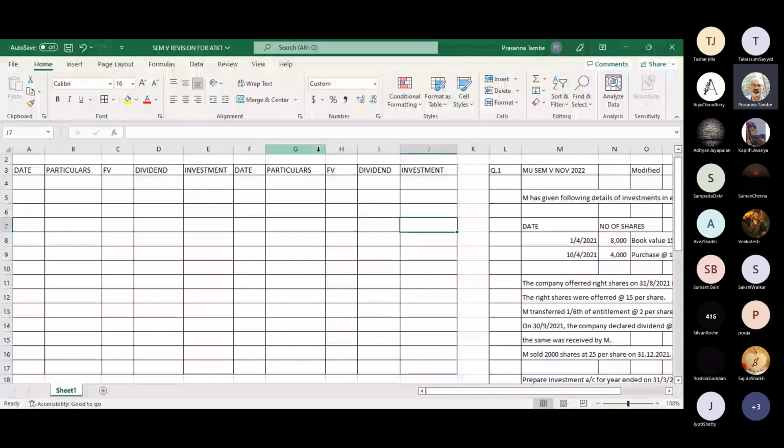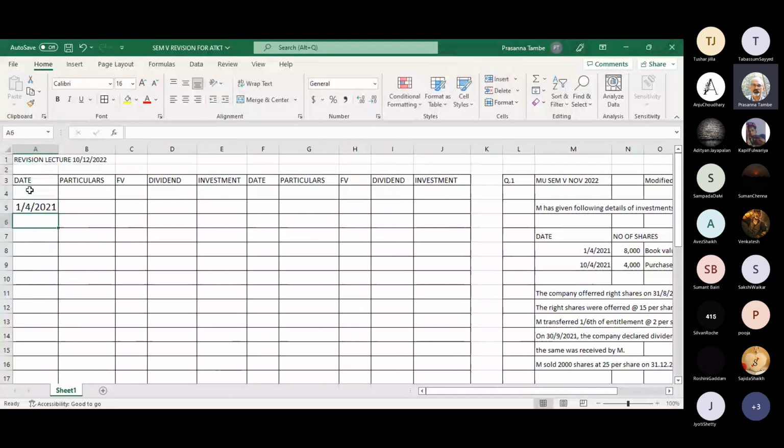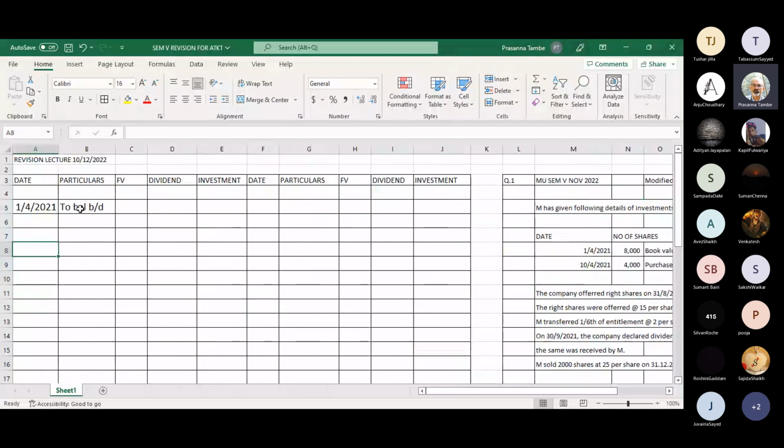Okay, so 1st April 2021, we have the opening balance. Let's start with the debit side. April 21, balance brought down. We have 8,000 shares, and the face value per share is 10 rupees per share, as you can see in the question. So 8,000 into 10 is the total face value.